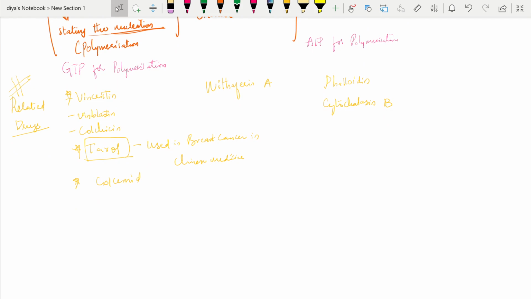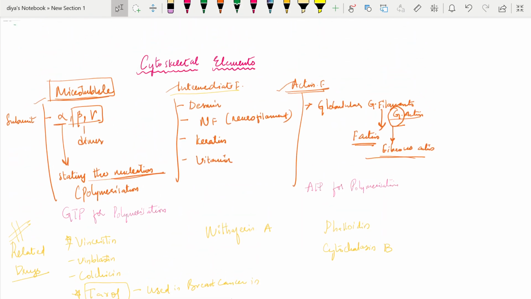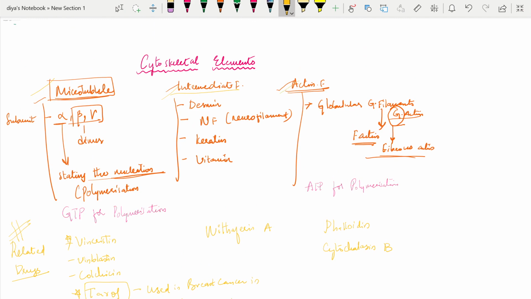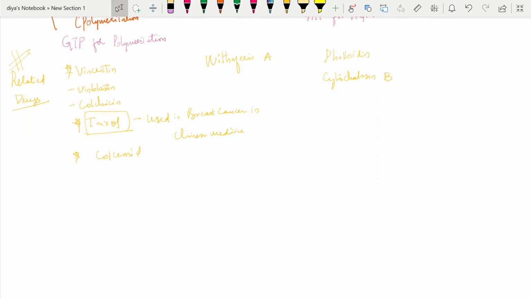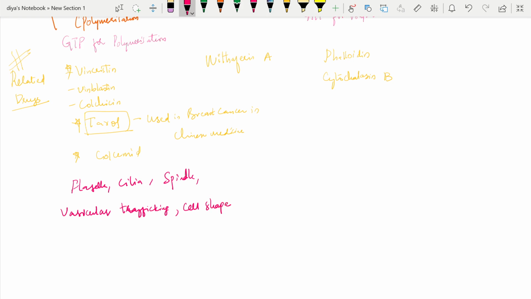Now we'll see where these microtubules, intermediate filaments and actin filaments are found. Basically the microtubules are found in the flagella, cilia, spindle, vesicular trafficking, in forming the cell shape, and the cell plate formation.